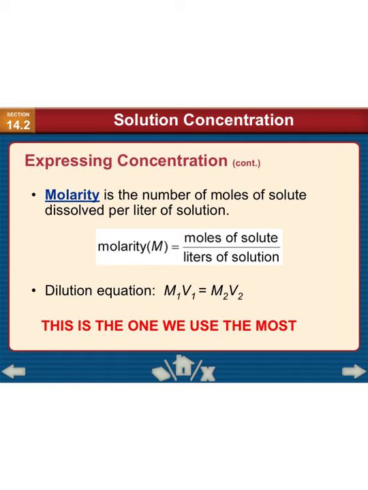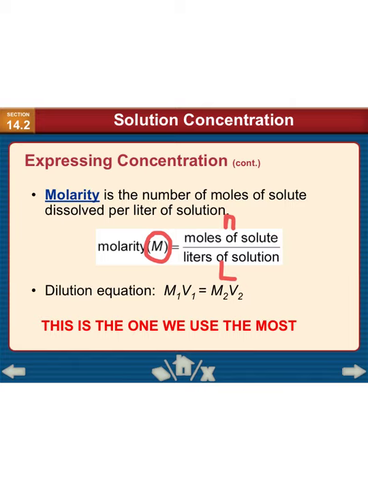The most important and the most useful for chemists is the idea of molarity. Molarity is the moles of the solute, and notice, molarity is big M. Moles of solute, n, divided by the volume, which is usually in liters.